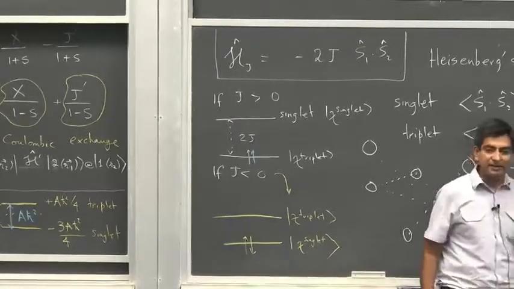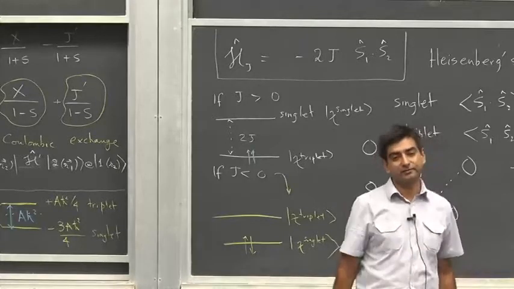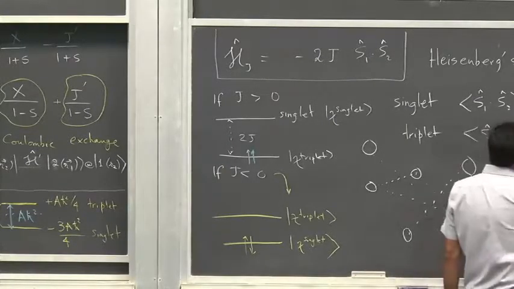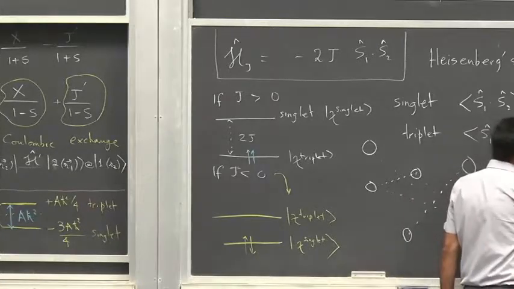Jij, remember, is an exchange integral. It's an overlap integral that has to be calculated. Jij, the ith spin dotted with the jth spin, summed over all pairs, that is i less than j.